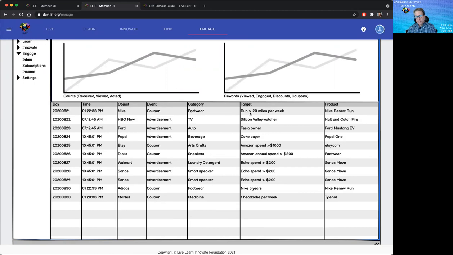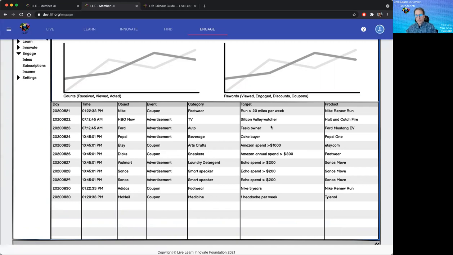So Nike could send you a solicitation for new sneakers because you run more than 20 miles a week for the last year. Disney or HBO can send you an advertisement because you watch a particular show, perhaps even on another network, just because you've pulled your data down. So we give you the tools to become your own advertiser, and then you can monetize the data that you've generated once you pull it back into us as a nonprofit.